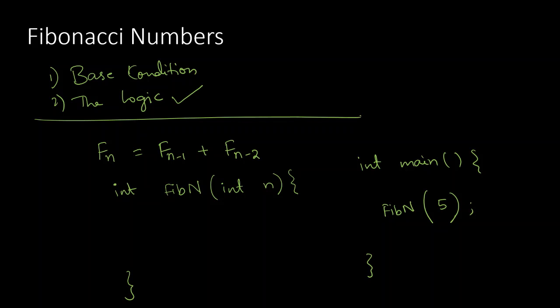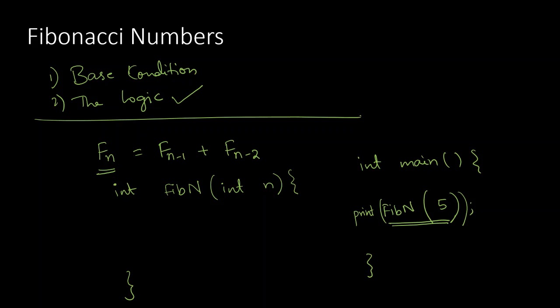So this is how you're going to call. Let's say you print it. This is just a pseudocode. You're printing the fifth Fibonacci number. So f of n is the nth Fibonacci number, but in the code we are denoting it as fib n of 5. Let's say n is 5.